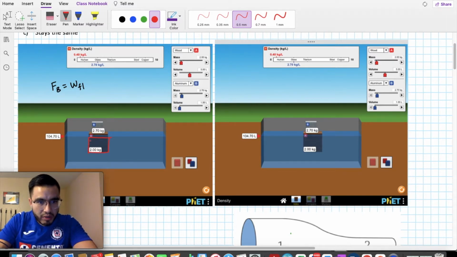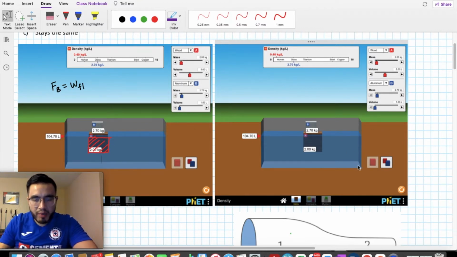Okay, so we have this volume, and I happen to know the volume of this part of the wooden box is 2.7 liters, right? So the water level is rising 2.7 liters. Okay? And before we go over the physics behind what happens, I just want to recreate this experiment, this simulation.